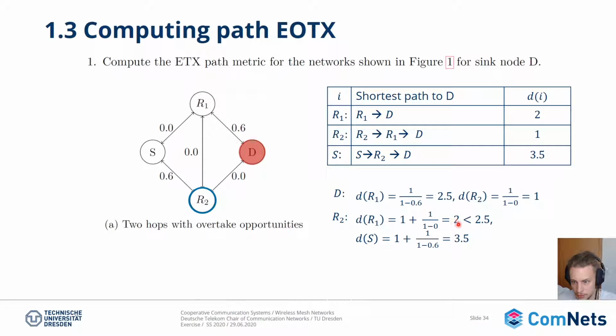The result is 2, which is smaller than using the direct link here. So we can update the path metric to 2. And obviously we can update the distance of S because 3.5 is less than infinite.